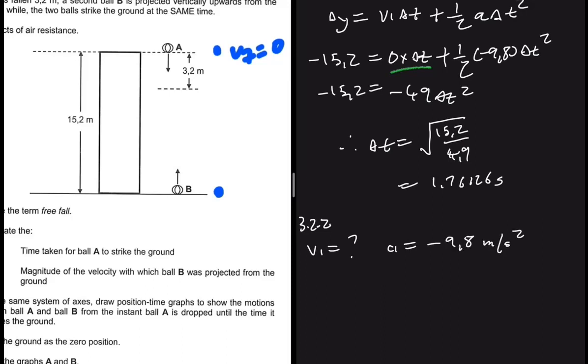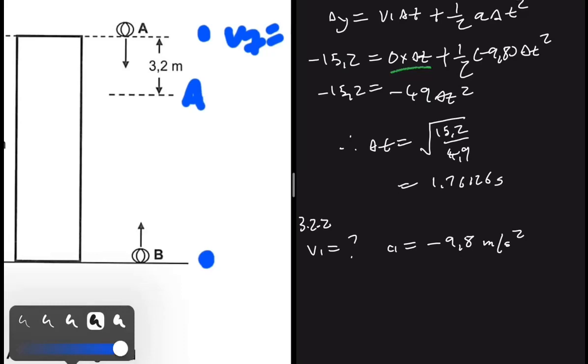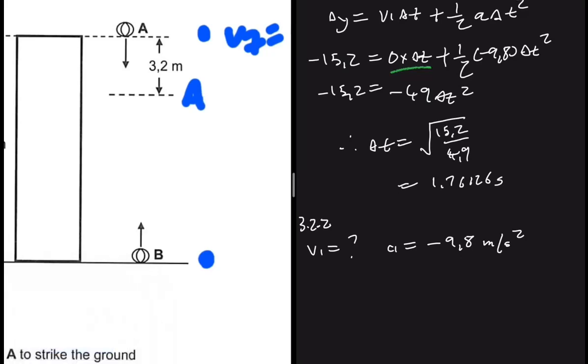And then another thing we can calculate is the time for the motion of ball B, right? Because we are told that ball A and ball B strike the ground at the same time. But then when ball A was at this point, that is only when ball B was projected upwards.